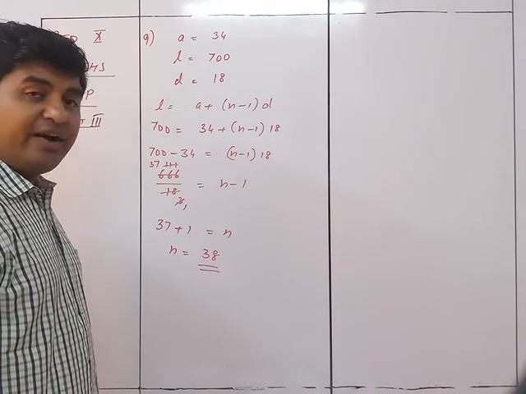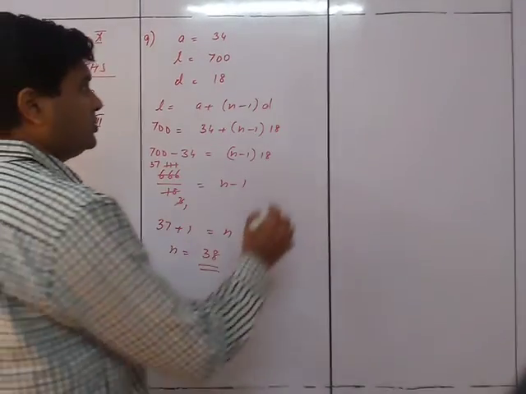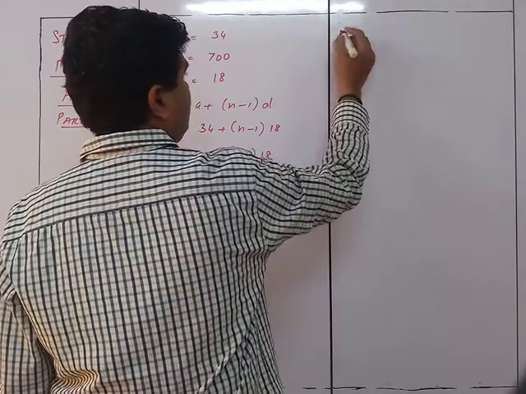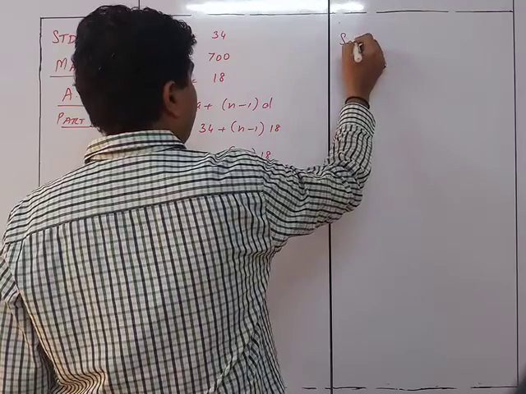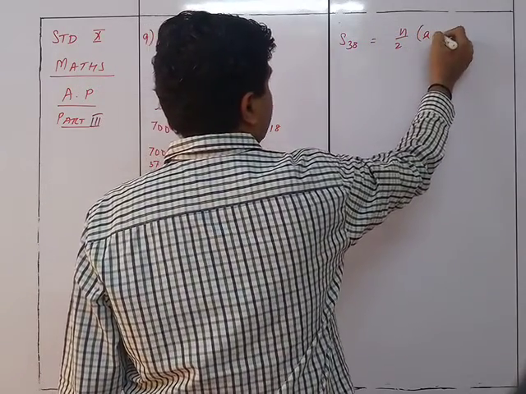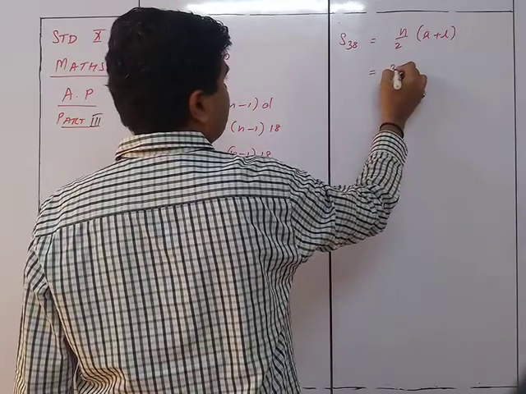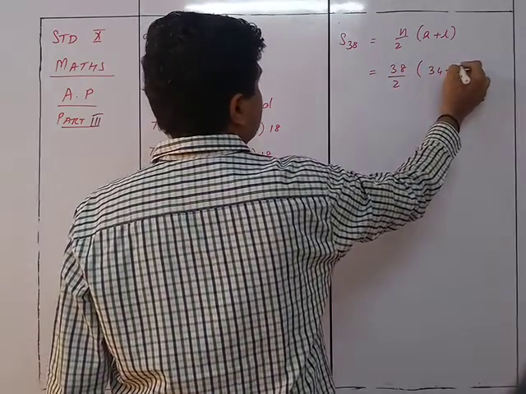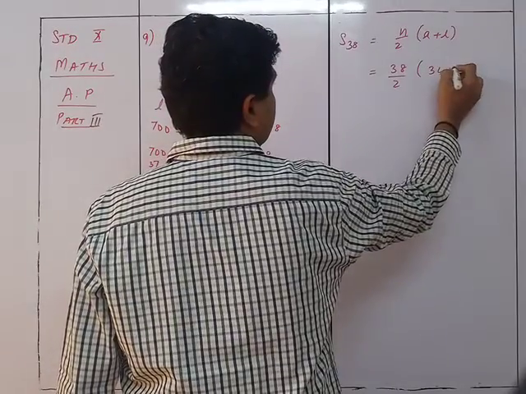And finally I want to find the sum of these 38 terms. So S38 is equal to N upon 2 into (A plus L). That will be 38 upon 2 into (34 plus 700).